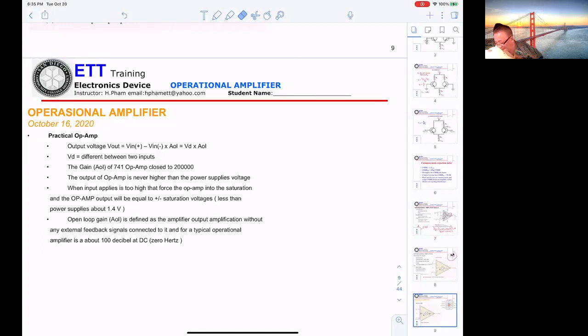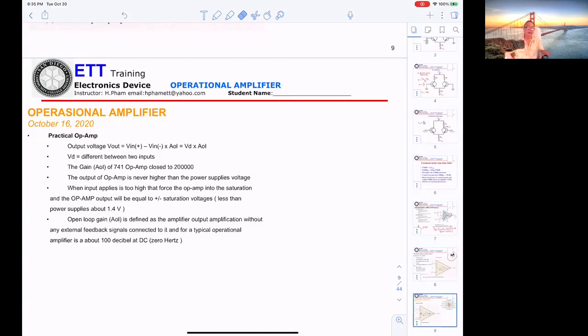Output of the op-amp is never higher than the power supply voltage. When the input applied is too high, that forces the op-amp into saturation, and the op-amp output will equal plus or minus saturation voltage. Normally that will be less than the power supply by 1.4 volt.